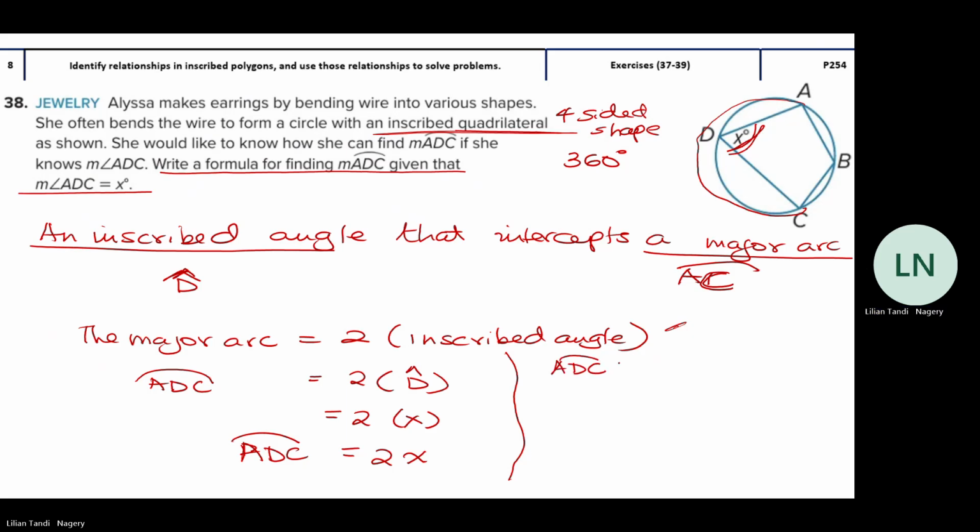ADC will be 360 minus ABC. Now, 360 degrees minus 2x should be your formula to get ADC.